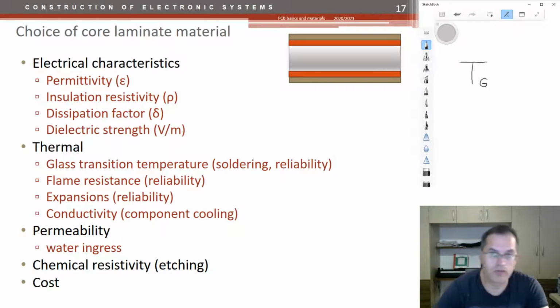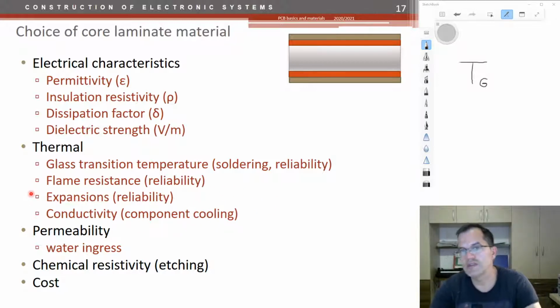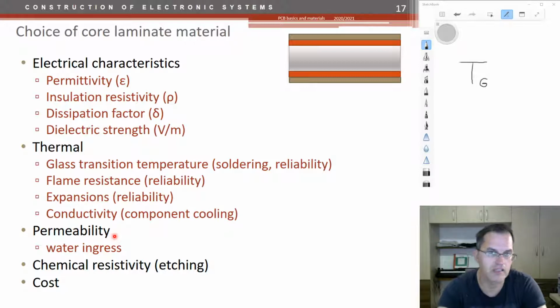Thermal expansion is of course important for reliability issues, and thermal conductivity for component cooling. These two here. Then what you should also be careful about is the permeability to water. Usually the moisture should not enter the laminate, because then it would decrease the dielectric strength, increase the dissipation factor and decrease insulation resistivity.